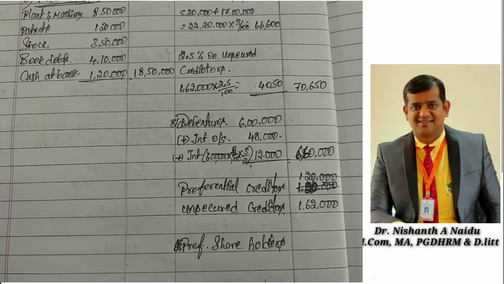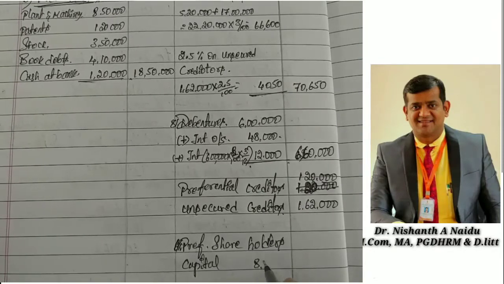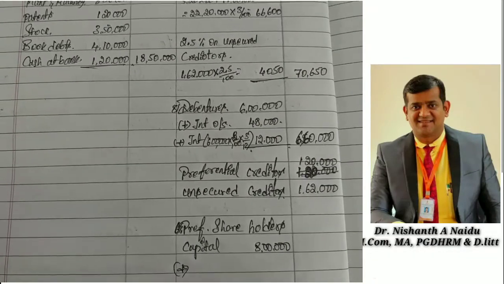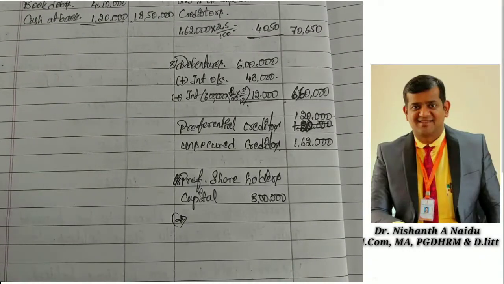That is 8 lakh rupees, preference shareholders capital. Okay. For how many years are the preference dividends outstanding? The preference dividends are outstanding for the past 2 years, correct? The preference dividends were in arrears for 2 years.